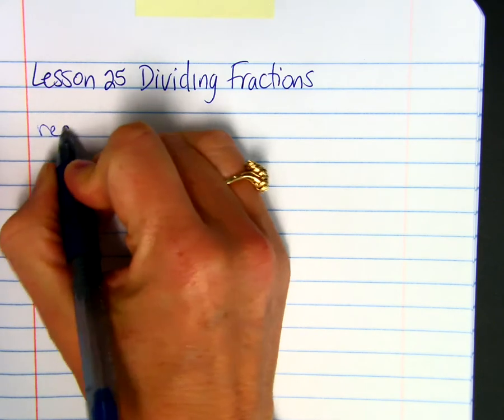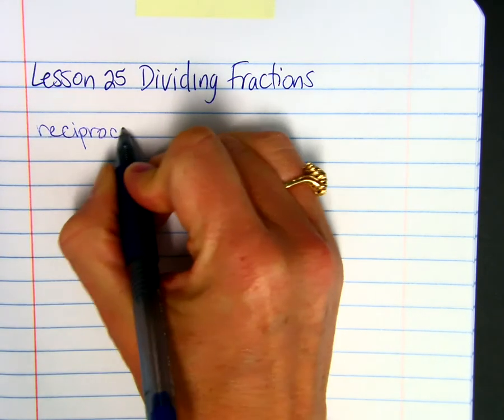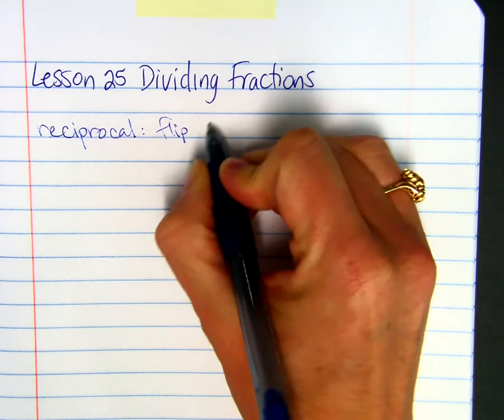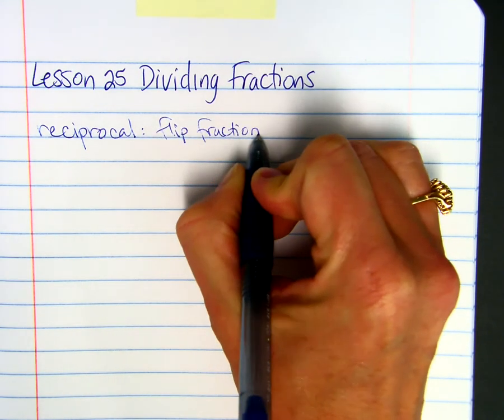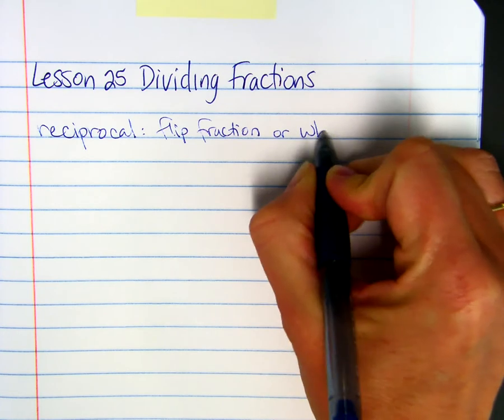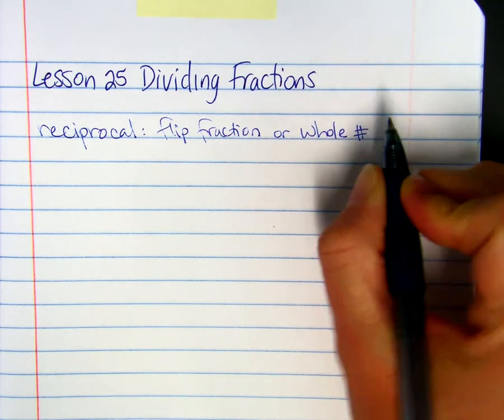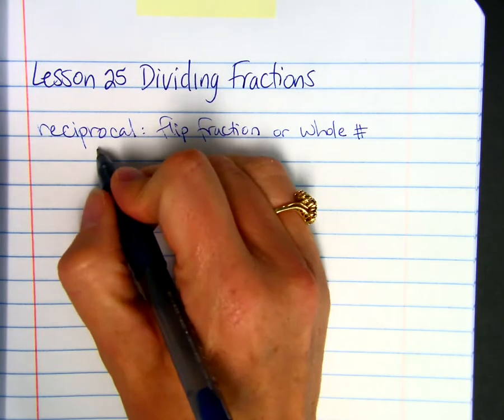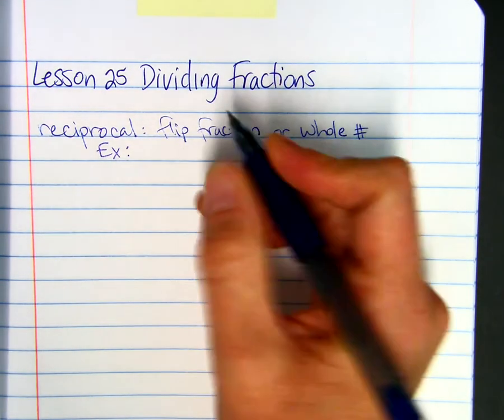reciprocal real quick. I think you guys know this already. That's where you take a fraction and you flip it over. And if you have a whole number, you flip the whole number over. If it is a mixed number, you have to change it to a fraction first, into an improper fraction.